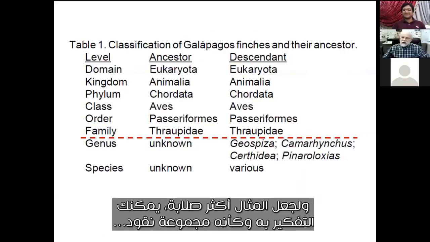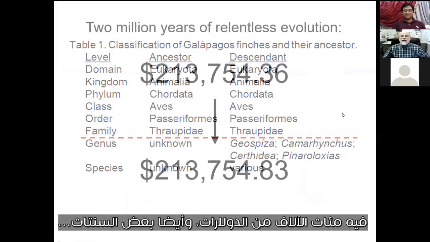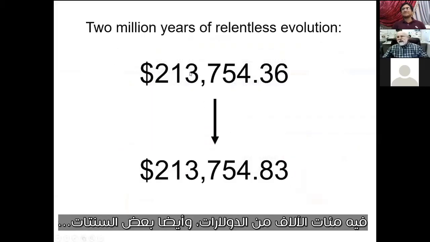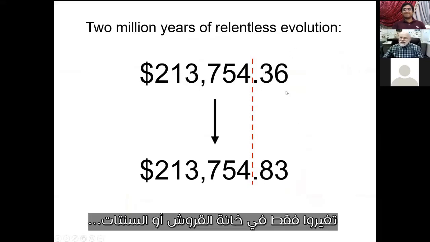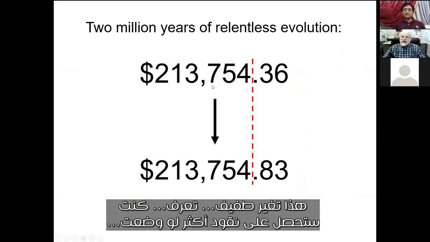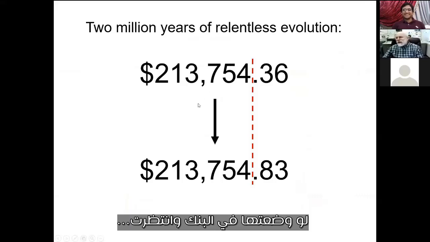To make it concrete, you can think of it in terms of a sum of money that has hundreds of thousands of dollars, and also change, cents. And so in 2 million years that the finches have been on those Galapagos Islands, they've only changed in the pennies and dimes columns. The trivial change, you'd get more money if you put your money in a bank and waited.